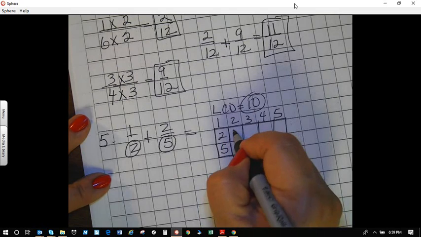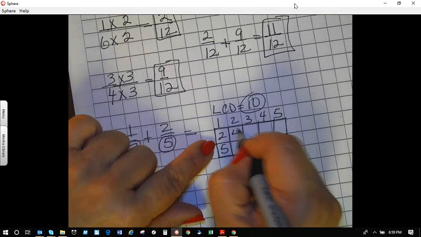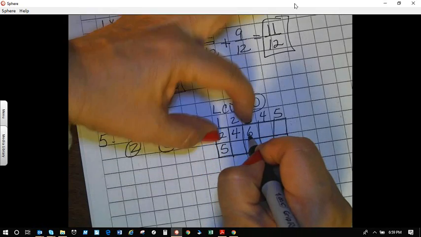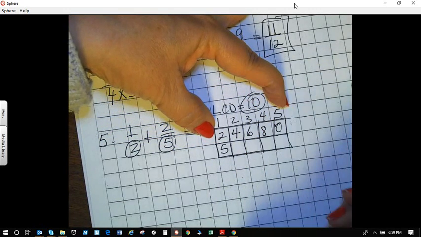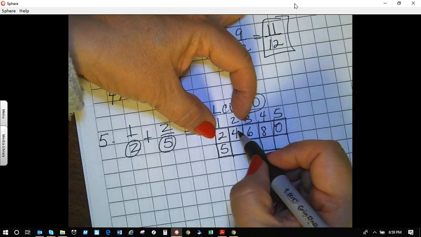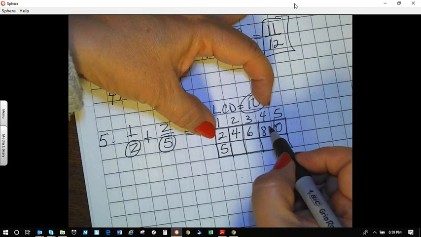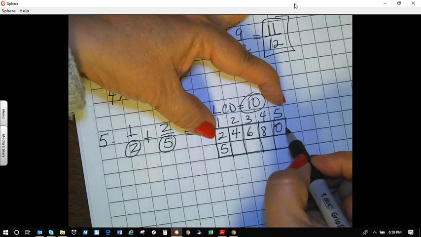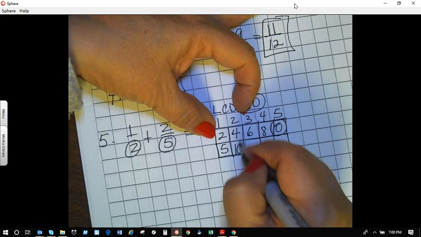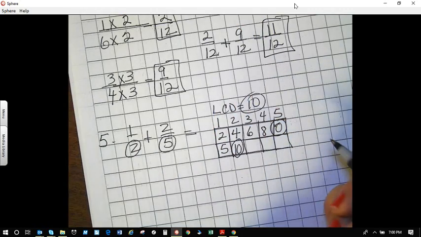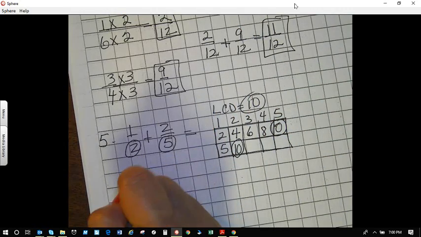And so I have, skip counting, 2, 4, 6, 8, and 10. Okay? 2 times 2 is 4. 3 times 2 is 6. 4 times 2 is 8. 5 times 2 is 10. And there is my lowest common denominator. Okay, so I'm going to bring down my 1/2.